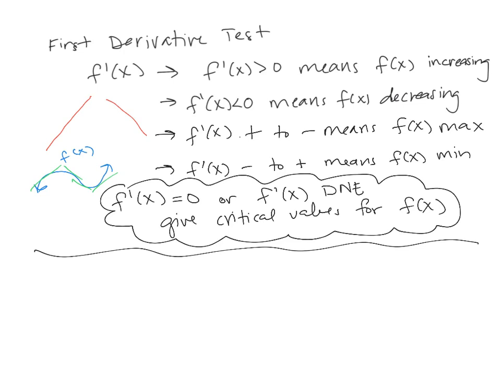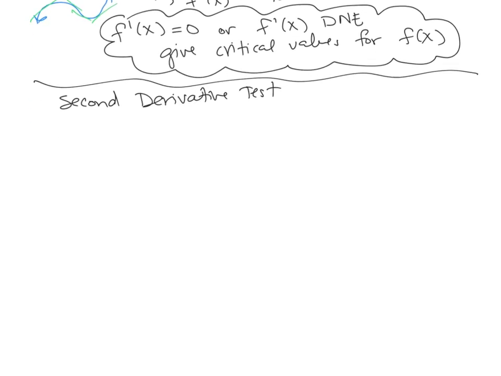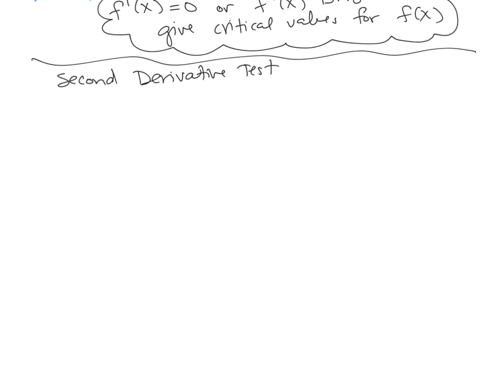Okay, now we have talked about something called the second derivative test. And believe it or not, the second derivative test relates to the second derivative of f, right? Mathematicians are not creative in the names that they give. They give you names for exactly what things mean, okay? And so my second derivative test gives me information using f double prime.